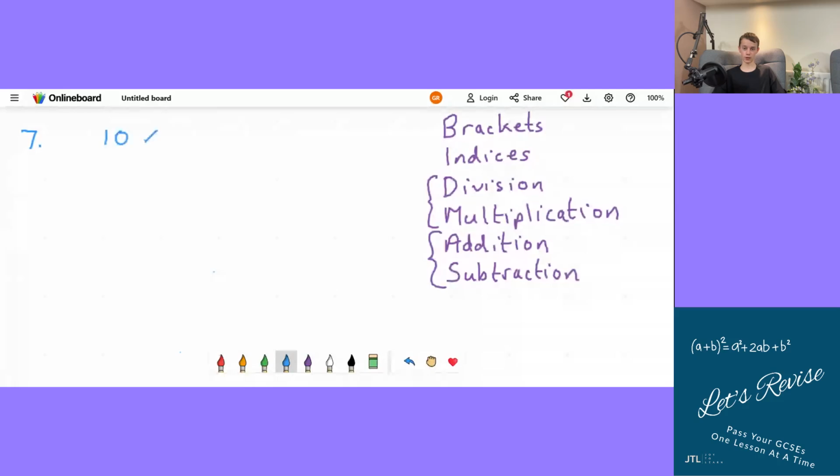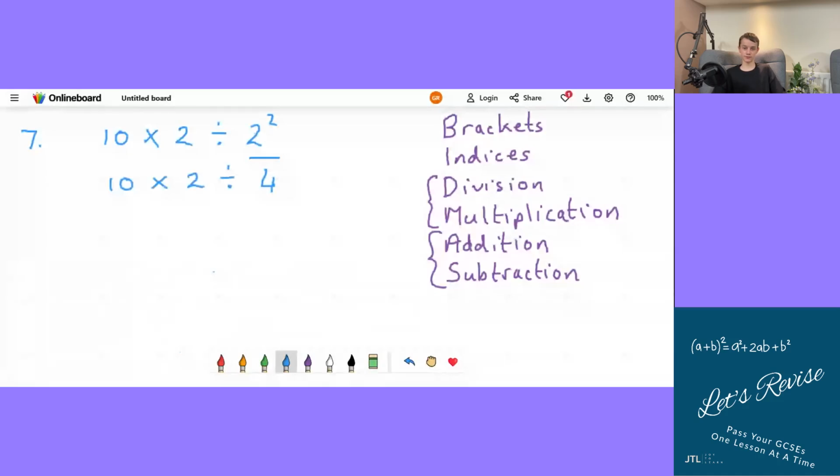Now for the final question. Number 7, which is 10 times 2 divided by 2 squared. Well, you have a multiplication, a division, and an indice in here. Which do you do first? The indice. So 2 squared equals 4.